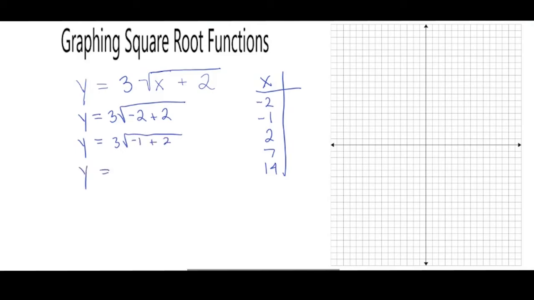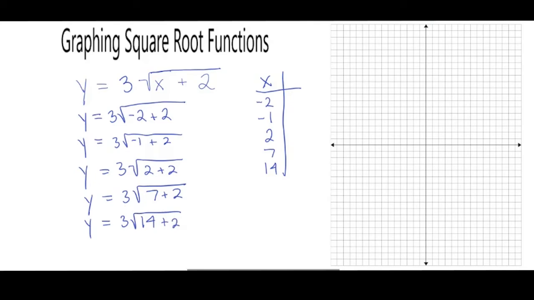Next, y equals 3 times the square root of 2 plus 2. We'll do y equals 3 times the square root of 7 plus 2. And y equals 3 times the square root of 14 plus 2.